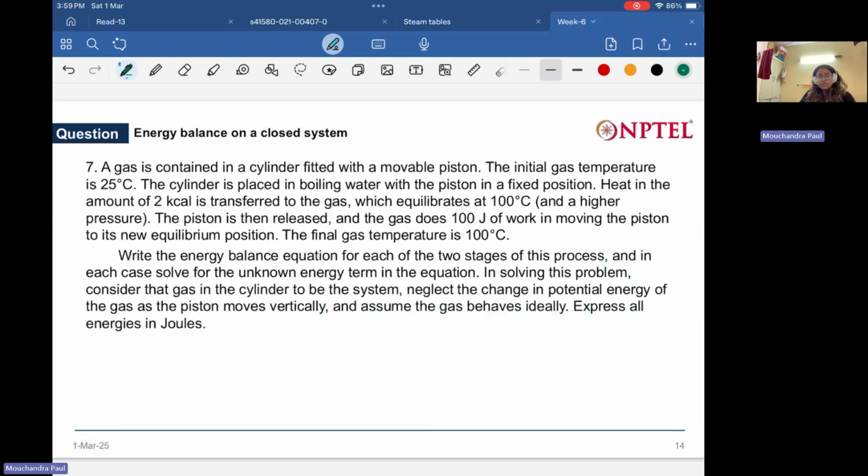This is another question that is based on energy balance on a closed system. Quickly have a read, right?